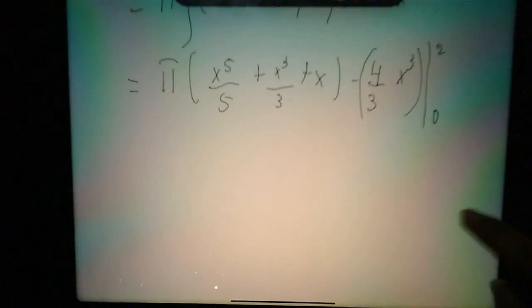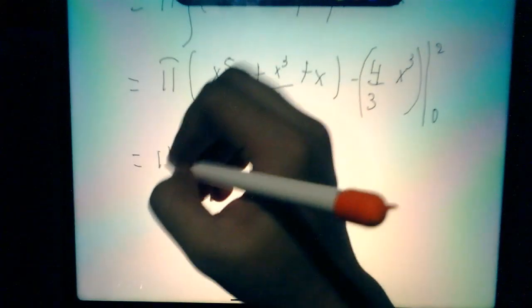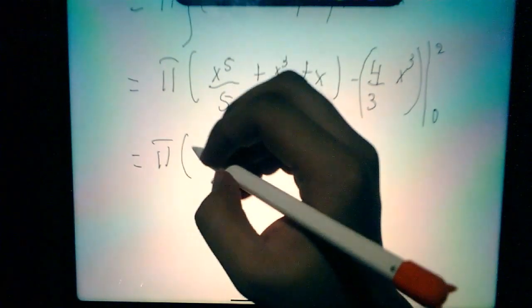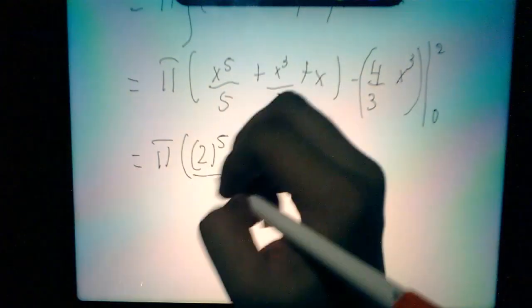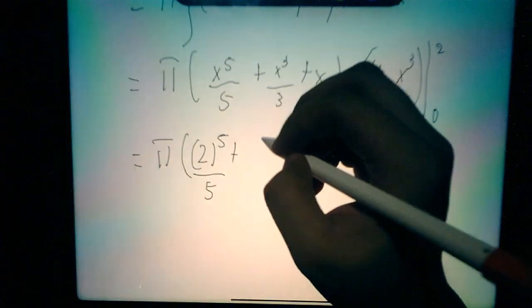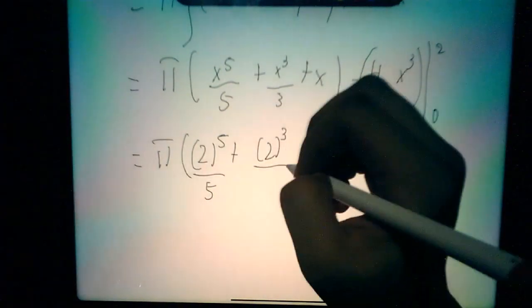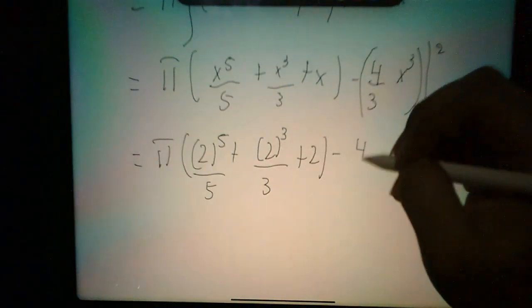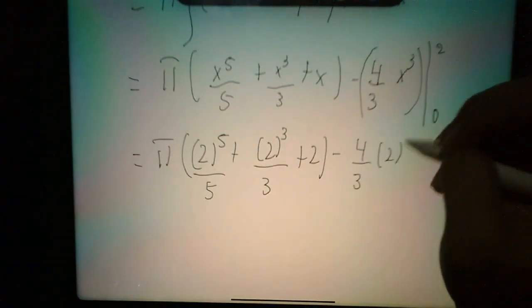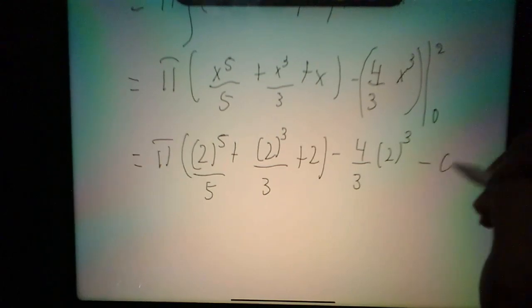So by substituting, our answer will become pi times 2 to the 5 over 5 plus 2 thirds 2 to the 3 plus 2 minus 4 thirds 2 to the 3 minus 0.